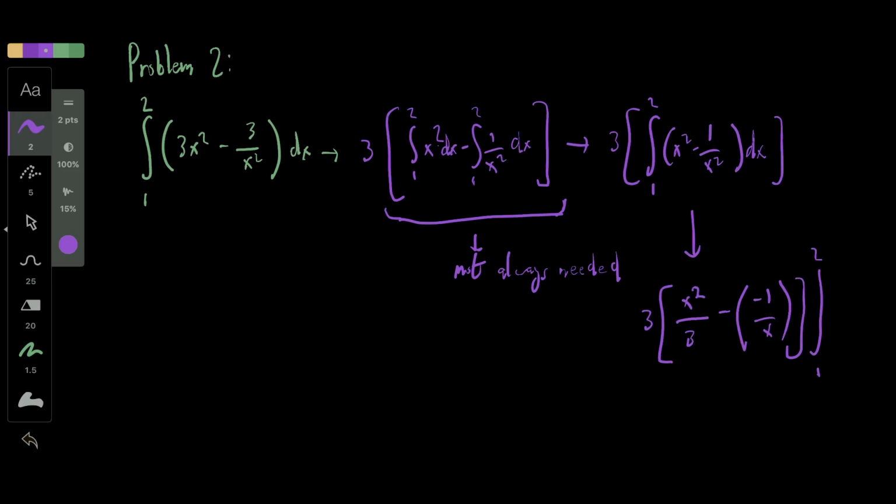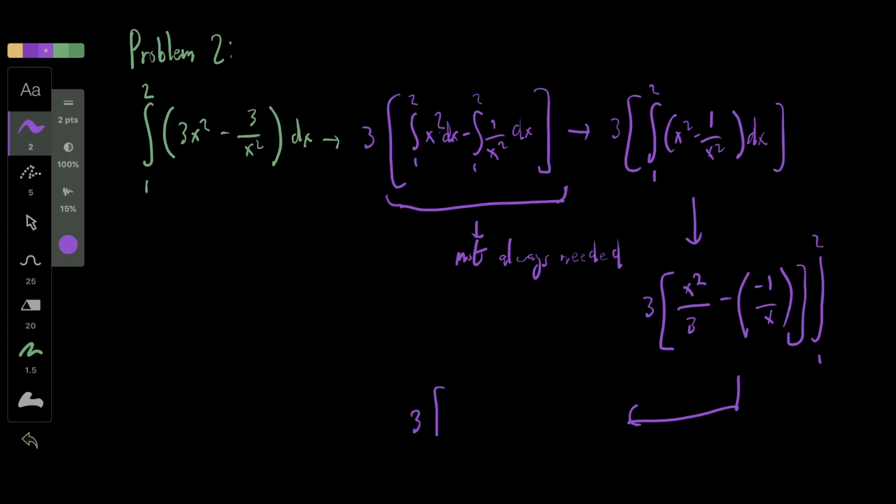And using techniques I discussed in my earlier videos, we get 3 multiplied by x cubed over 3 plus 1 over x, evaluated from 1 to 2. So 8 over 3 plus 1 over 2, minus 1 over 3 plus 1.